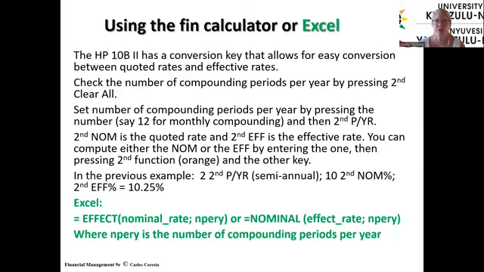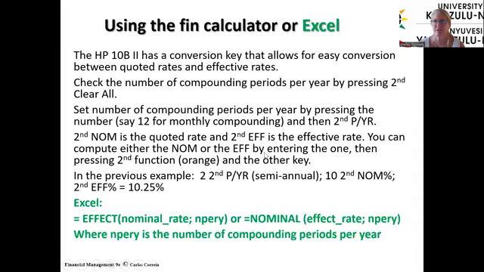So first you put the correct PYR setting in, then you click on NOM%, and I'll show you how to get there. Sorry, if you've got your nominal rate, your quoted rate from the bank, you'll enter that, then second function NOM%, and then you'll ask it for the EFF% by pressing second function EFF%. If you've got the EFF% and you want the nominal percent, you do that in reverse.